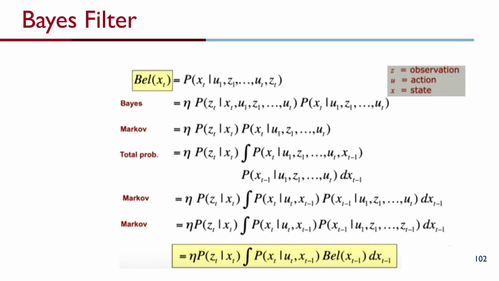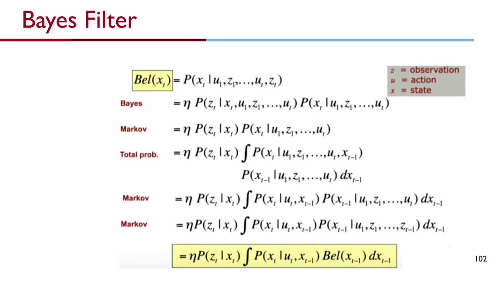Using Bayes theory, the law of total probability, and two applications of the Markov assumption, we arrive at the recursive Bayes filter equation. The important thing here is that the belief at time t depends only on the belief at time t-1. At the bottom of the slide, the equation has two major parts. The integral term is the transition model.